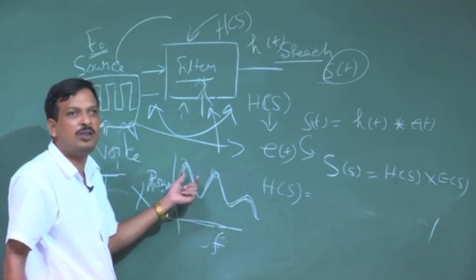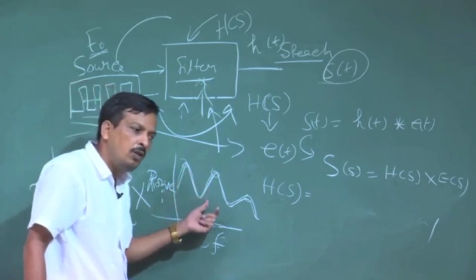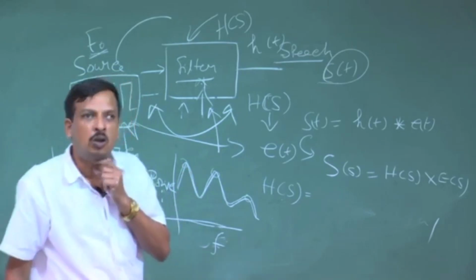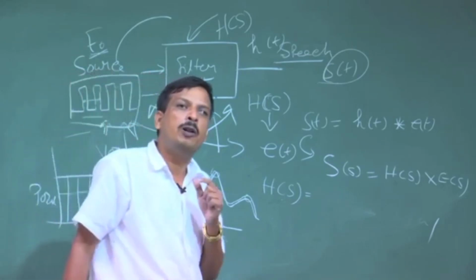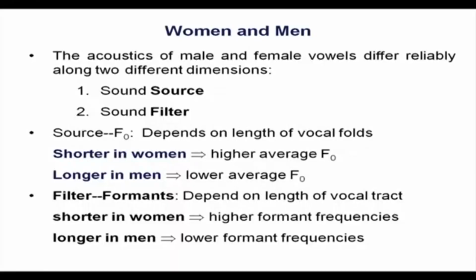So, in speech, that is called a formant. In the case of a woman, since the length of the vocal cord is shorter, the formant frequency is a little higher. It is longer in the case of a man, so the formant frequency is a little lower. So, that is the difference between male and female speech.